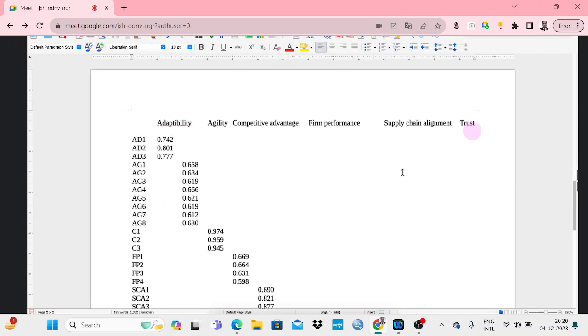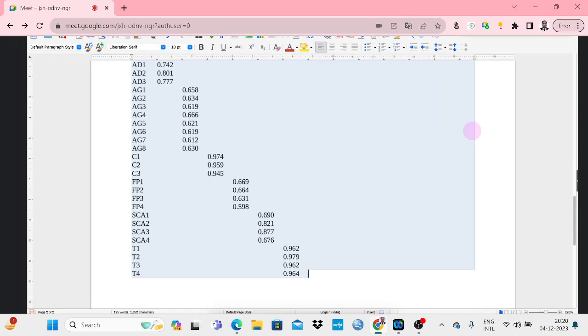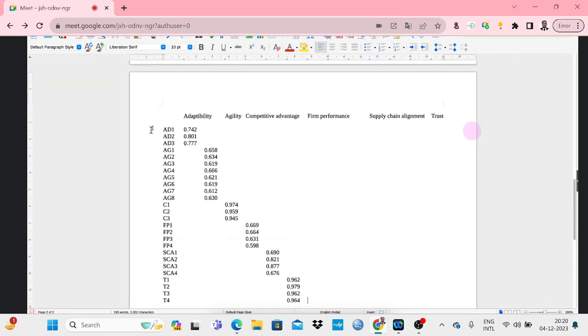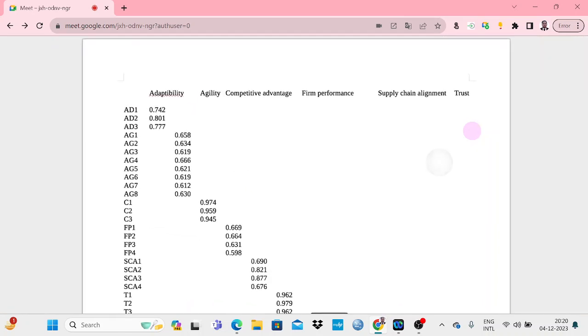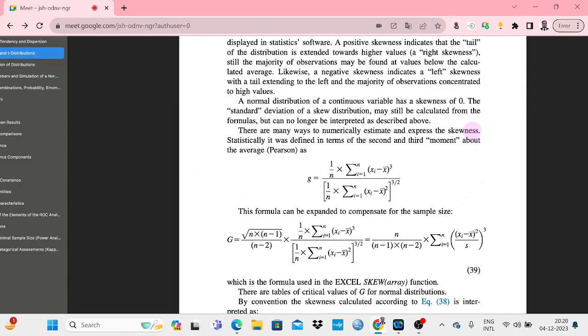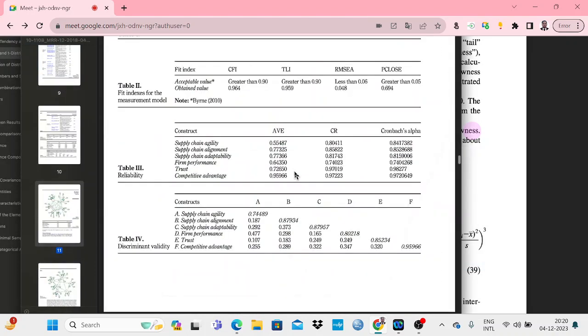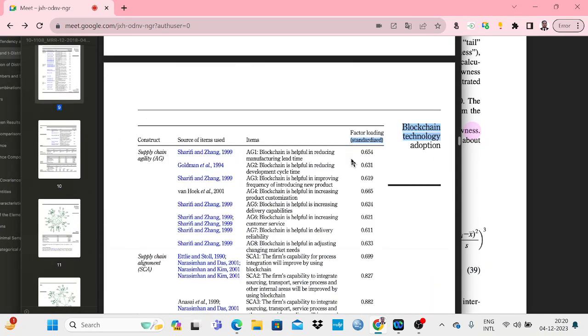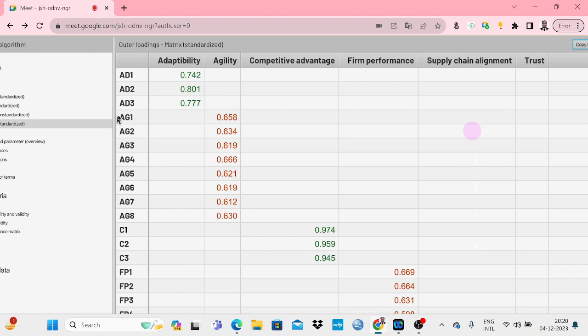So this is our factor matrix, and this is the same thing that you saw in the paper. These values, factor loading standardized, are the same values obtained from this outer loading matrix standardized.